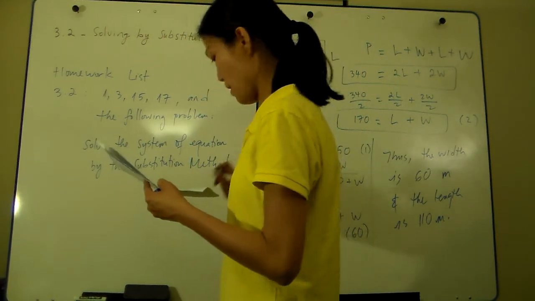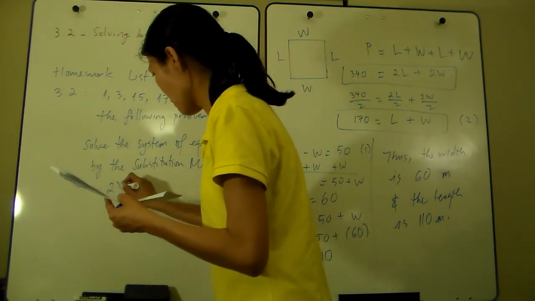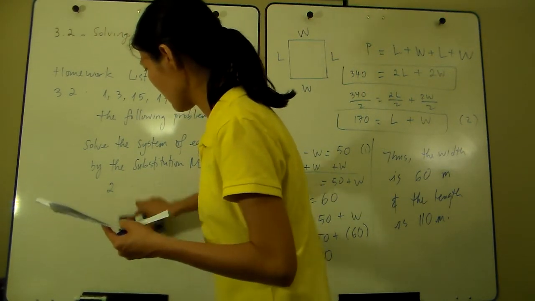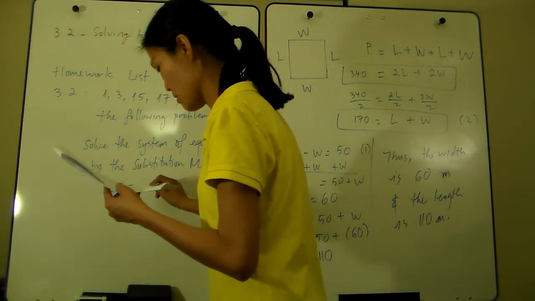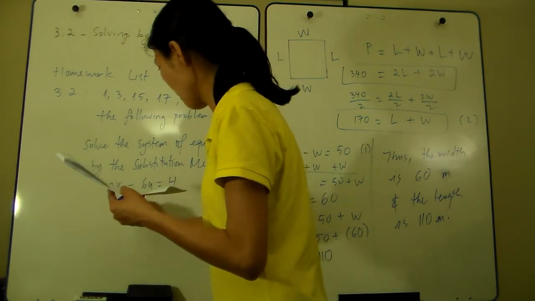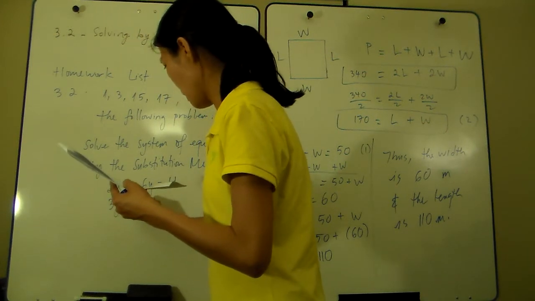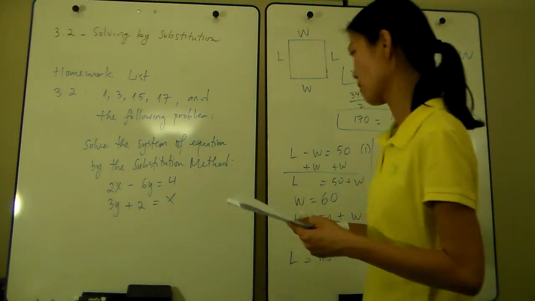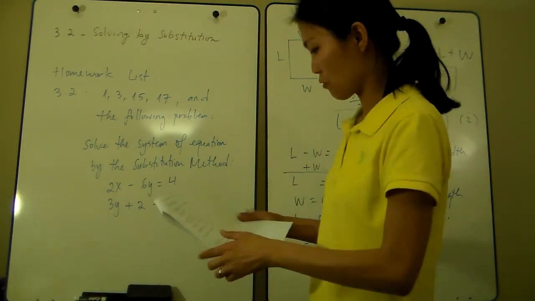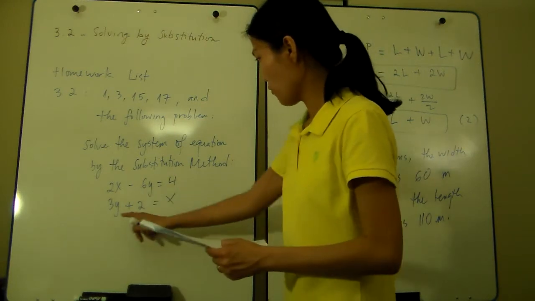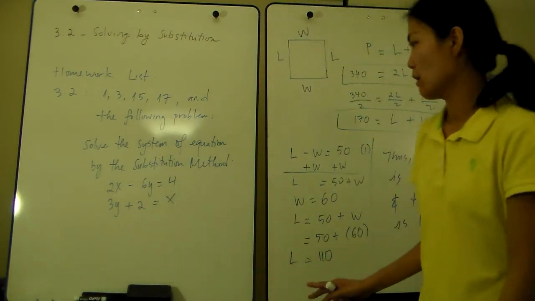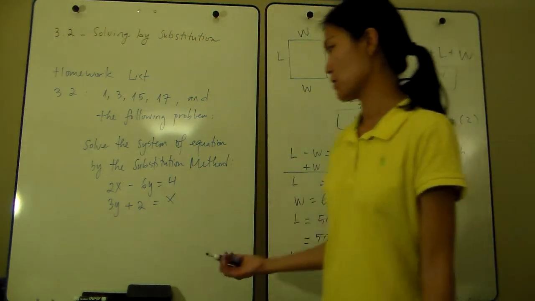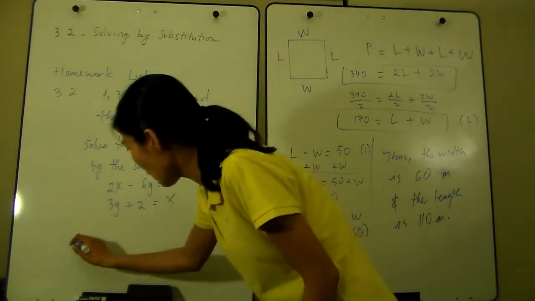The system is 2x minus 6y equal to 4, and 3y plus 2 equal to x. You need to show the steps, but because this is a side problem, I'm going to give you the answer.